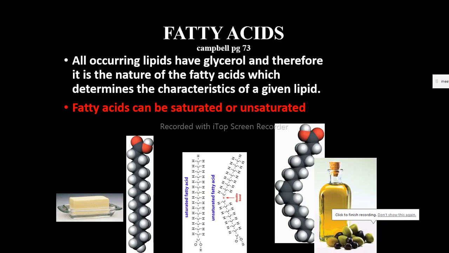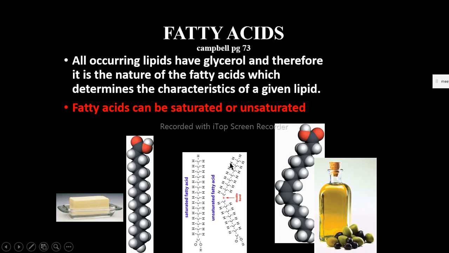If a given fatty acid has a double bond, then it is referred to as an unsaturated fatty acid, and if it lacks a double bond, then it is a saturated fatty acid.